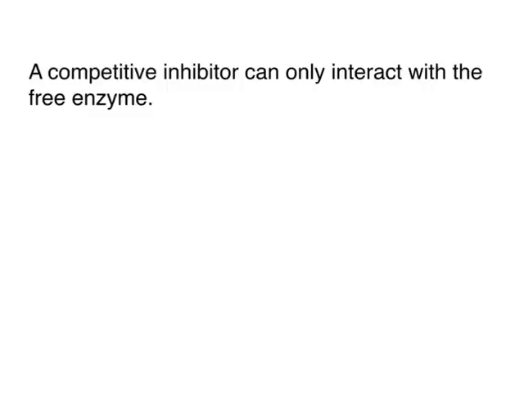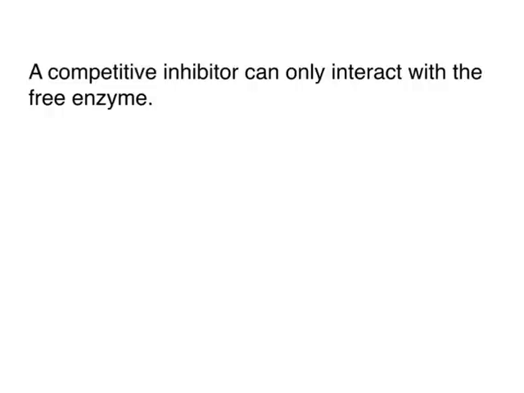To understand competitive inhibitors, it is important to bear in mind that the competitive inhibitor can only interact with a free enzyme. And that is, in general, the definition of a competitive inhibitor. So, what's going on here? Let's write down our scheme for a Michaelis-Menten enzyme.